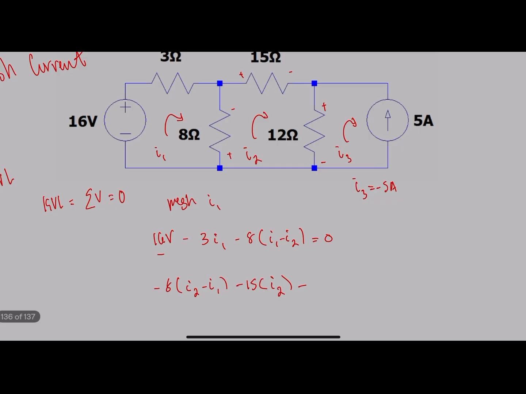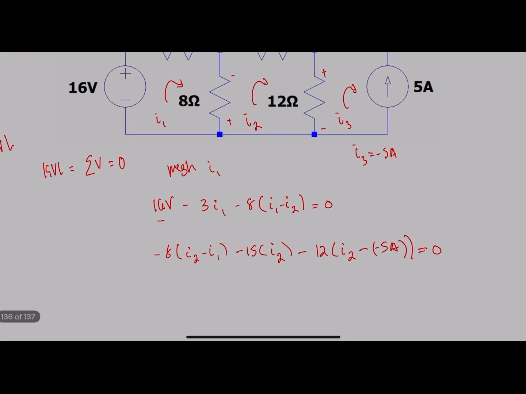Since we know that, this will be 12 times I2 minus negative 5 amps, or I3, and that will equal 0. That's for the voltage across this 12 ohm resistor. So like the previous example, we've got 2 distinct equations in 2 variables.